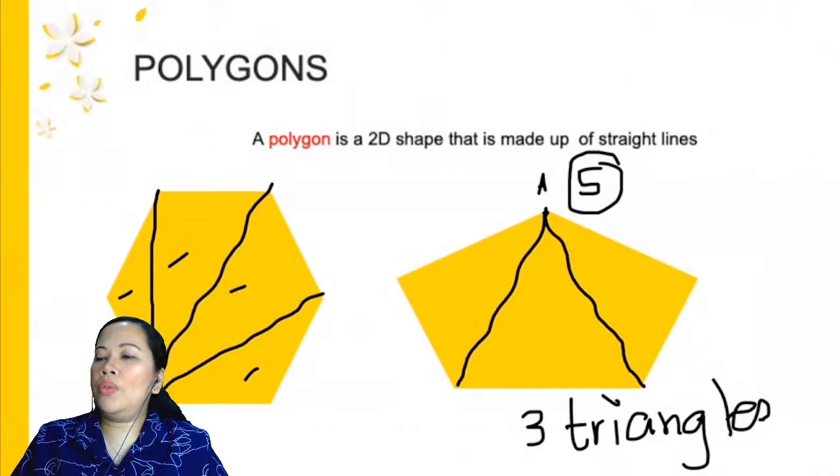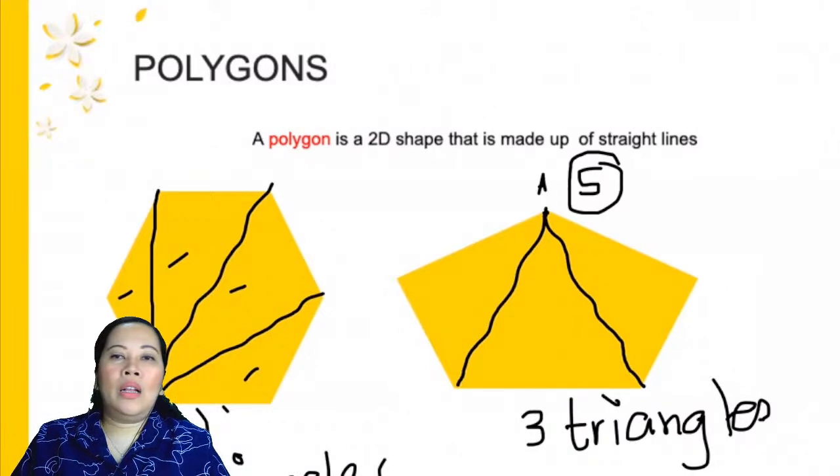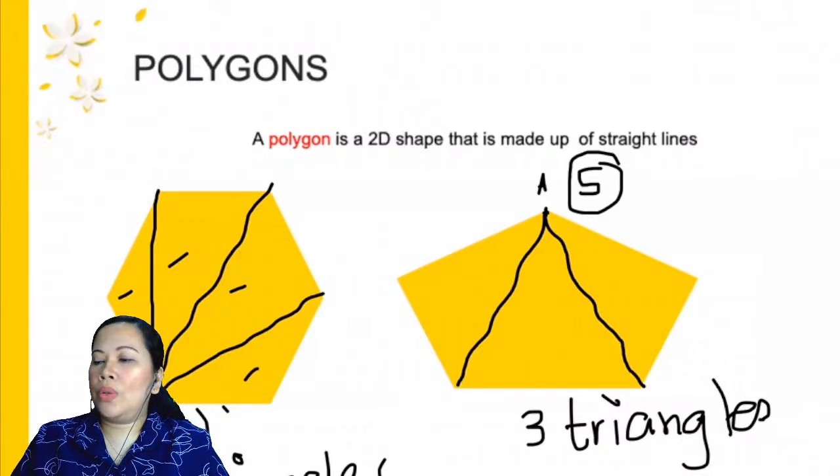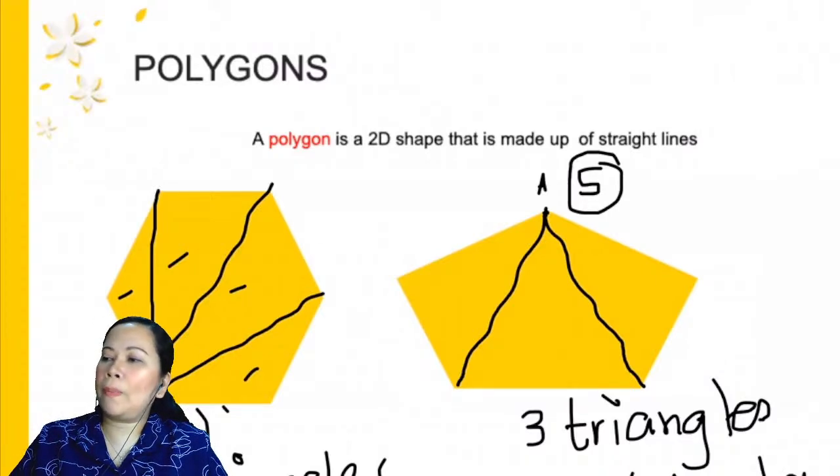In a 6-sided polygon, you form 4 triangles. Now, if you would notice, the number of sides minus 2 equals the number of triangles. So number of sides, n minus 2 equals the number of triangles. All right, that is for your diagonals.